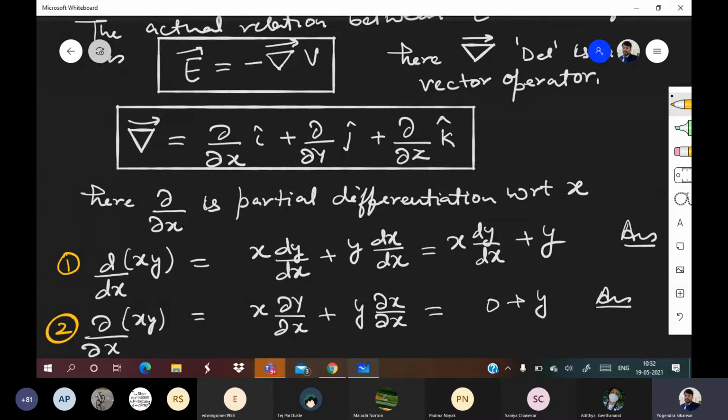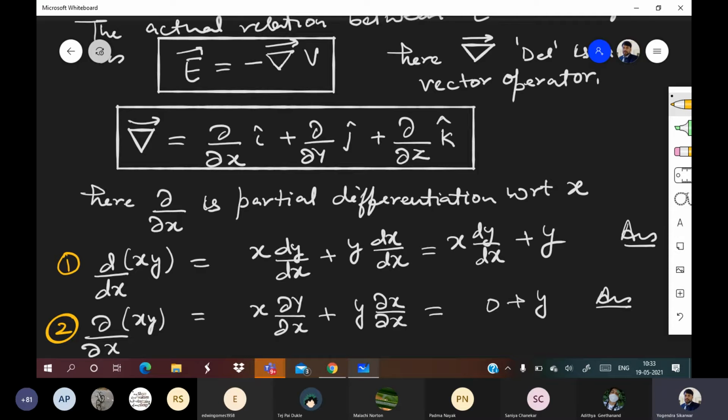What is u into v formula? d by dx of u into v is equal to u dv by dx plus v du by dx. So using that, we wrote x into dy by dx plus y into dx by dx. So that becomes x dy by dx plus y. So in first case, we have done complete differentiation.